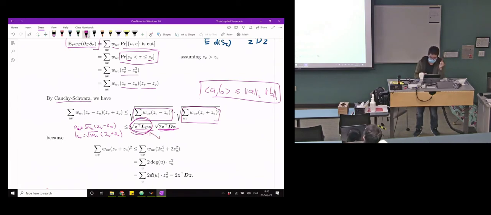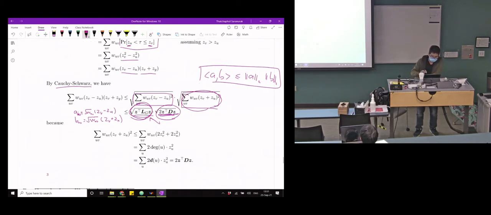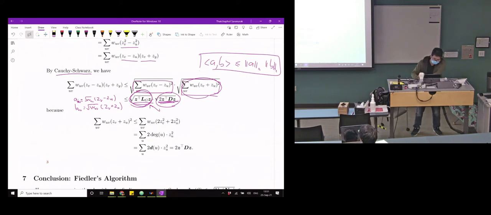So what is left is just to prove that this term is less than this one. And to do that, it's not too hard. We just use the fact, so this inequality is actually useful.